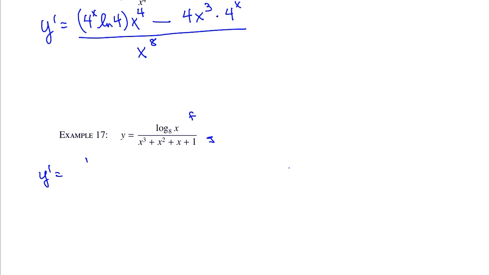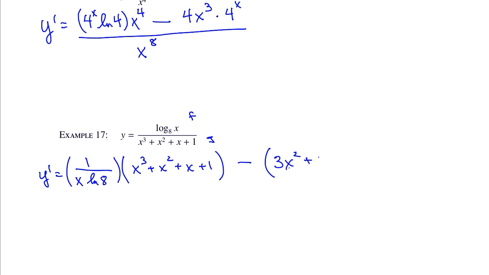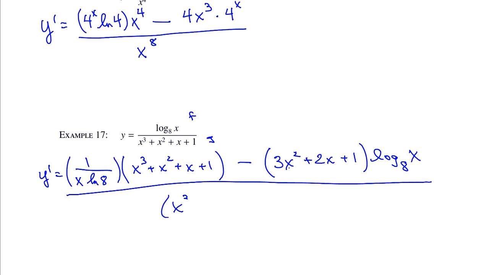The derivative of log base 8 of x is 1 over x times the natural log of 8, times the bottom unchanged, minus the derivative of the bottom, 3x squared plus 2x plus 1, times the top unchanged, divided by the bottom squared. Questions?